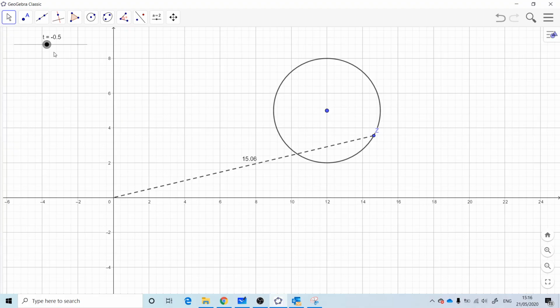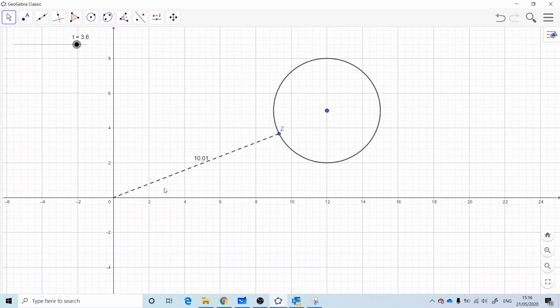I've got an animation here to help us think about this. The length of this dotted line is the modulus of z. How far away from the origin is it? You can see as we move around this circle, as z changes, the modulus changes. Now we want the point at which the modulus is as small as possible. That's equivalent to saying we want the point on the circle that's as close to the origin as possible. So that's that point there.